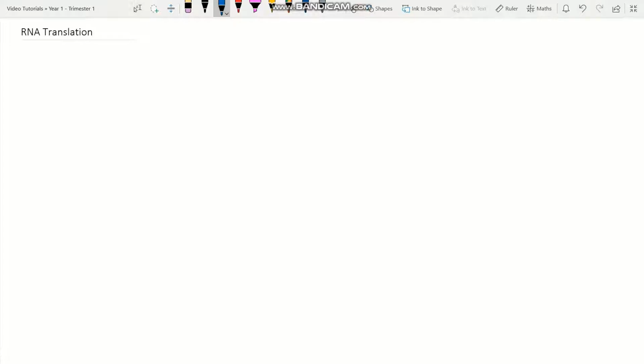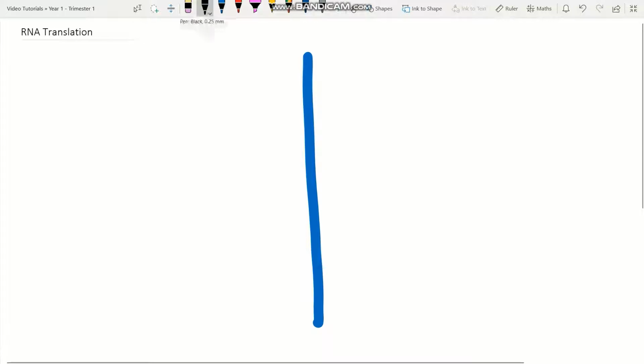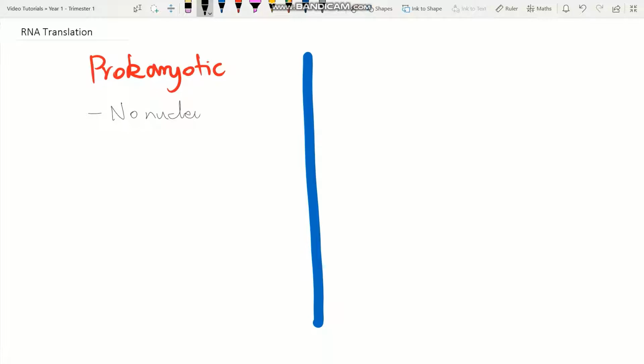Now, there are two main differences between eukaryotic and prokaryotic cells that define their translation processes. Firstly, in prokaryotic cells, as these cells contain no nucleus, the process of RNA translation can occur simultaneously with DNA transcription.